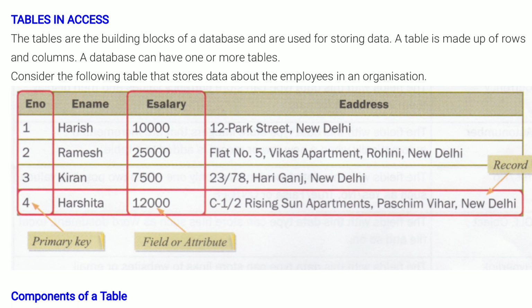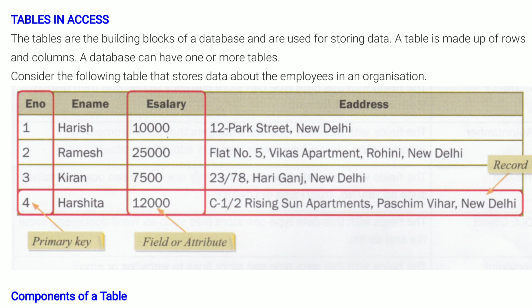In Microsoft Access, we create a database which can have one or more tables, meaning a database can act as a folder in which one or more tables can be created and a large amount of data can be stored and accessed from it.